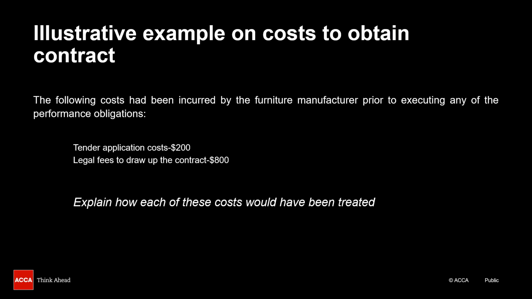The following costs had been incurred by the furniture manufacturer prior to executing any of the performance obligations: tender application cost of $200 and legal fees to draw up the contract of $800. Explain how each of these costs would have been treated.